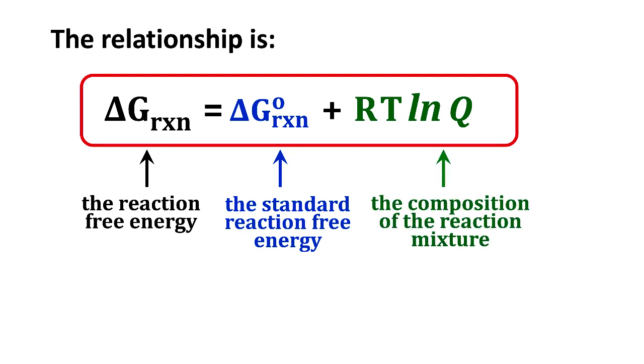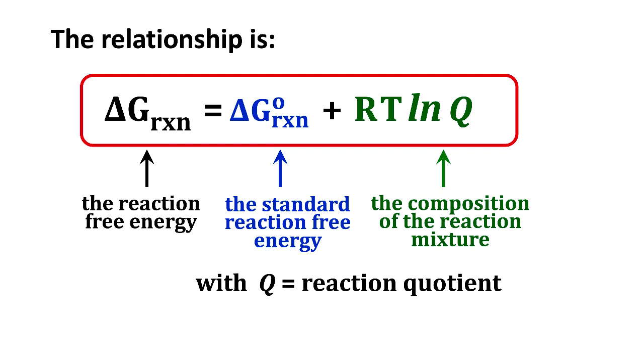And then the RT ln of Q is the gas constant R times the temperature in Kelvin times the natural log of the reaction quotient Q, and this term has to do with the composition of our reaction mixture. So here's our equation, here's the meaning of the three parts of it, and then Q is the reaction quotient.